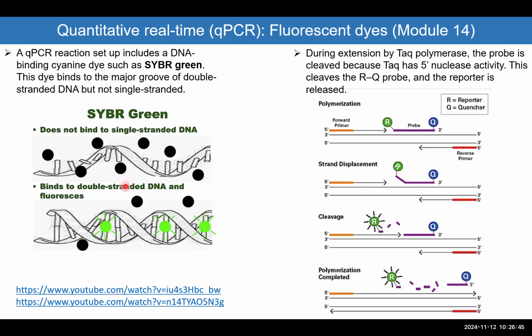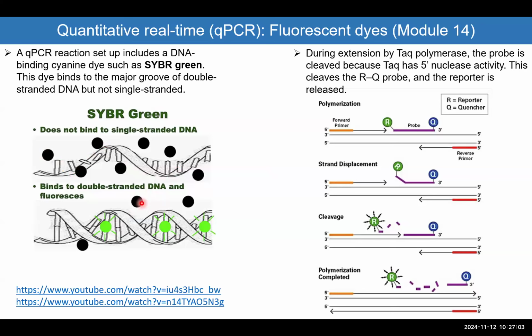While on the other side, you have only the primers with the SYBR Green. There is no probe, nothing, but there is the dye. The dye only fluoresces when it binds to double-stranded DNA. It doesn't bind to single-stranded DNA.